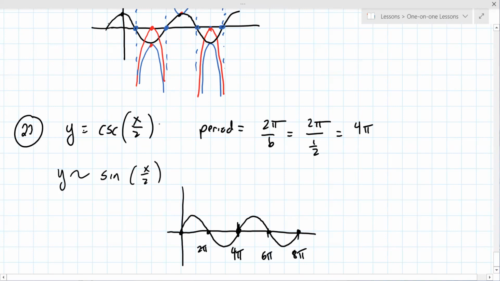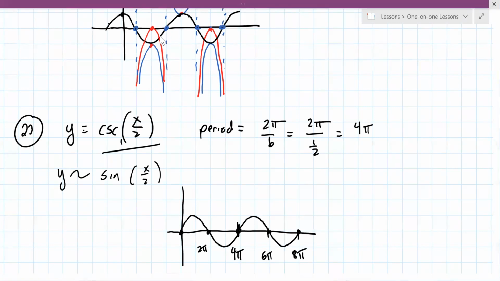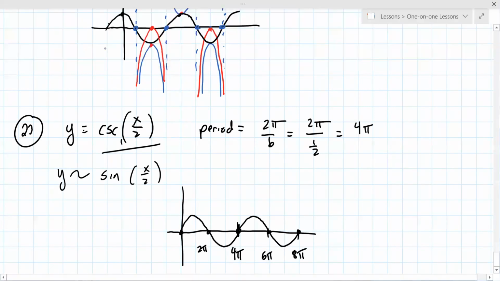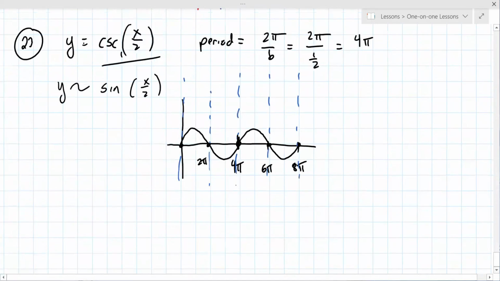The reason we care about this is because this original function is really 1 over the sine. That means wherever sine is 0, you've got a vertical asymptote. You've got one there, one there, one there, and so on. These go on forever. And then what you're supposed to do is draw this kind of U-shaped graph in there.